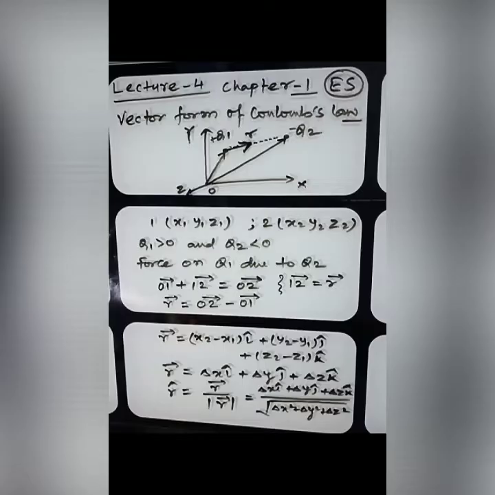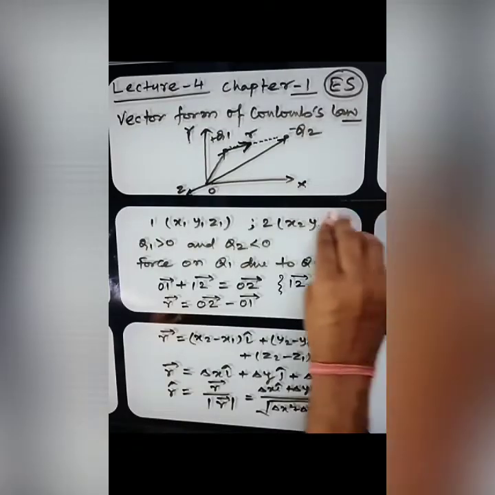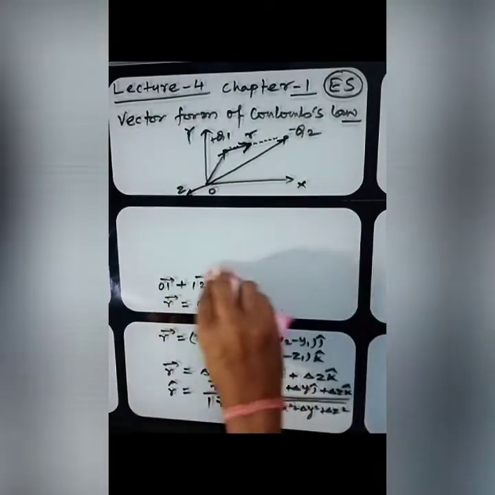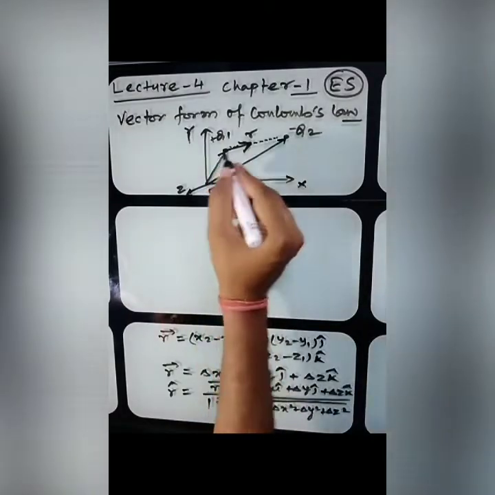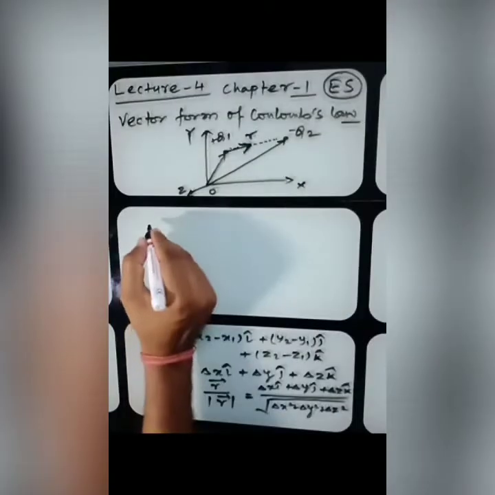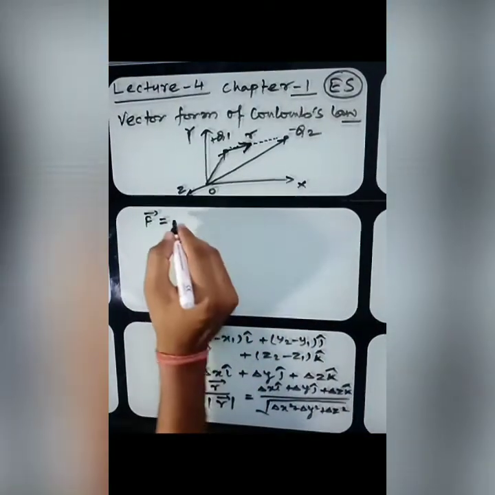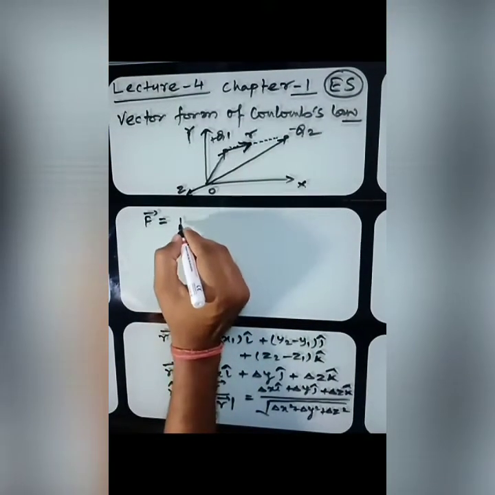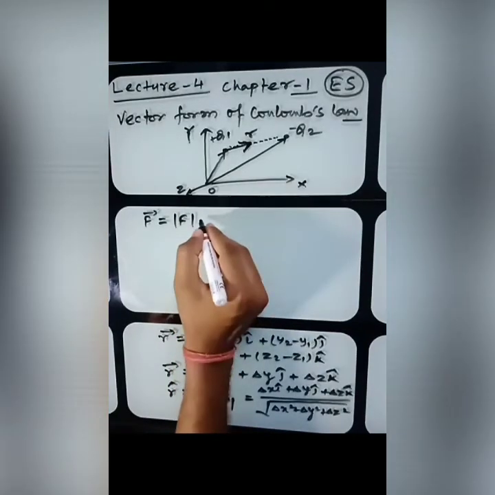Now we have to find the magnitude and direction. I am erasing this one, students. Kindly note down over your copy. We have to find the force on Q1 due to Q2. So in vector form, F can be written as the magnitude of force and direction of force.